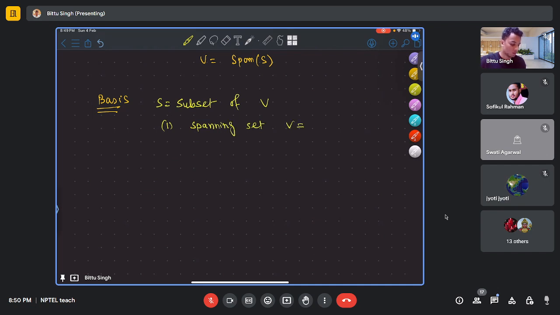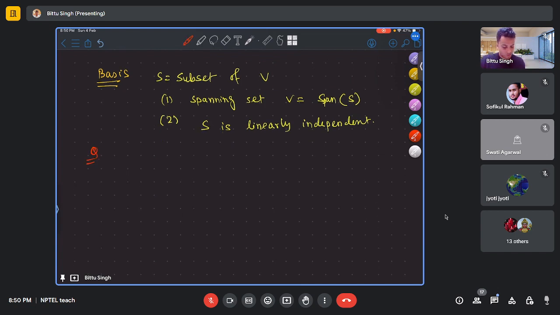That is, any vector of V can be written as a linear combination of S, and the second condition, S is linearly independent. If those two properties are satisfied, then we say S is a basis.